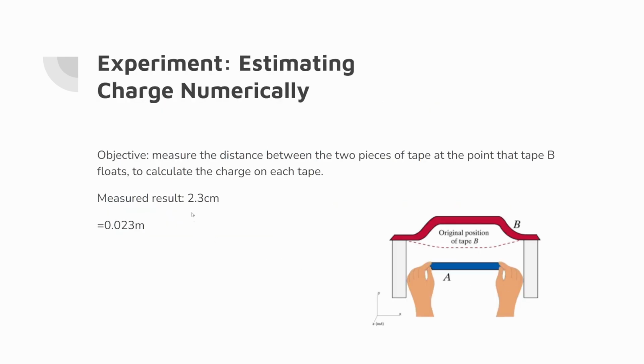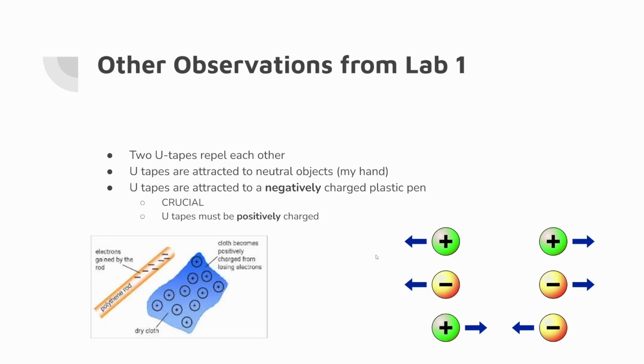In Lab 1, we measured that the distance required to float tape B on top of tape A was about 2.3 centimeters. And we also saw that two U tapes repel each other, so they're of the same charge. Any U tapes are attracted to neutral objects, such as my hand, and they are also attracted to a negatively charged plastic pen.